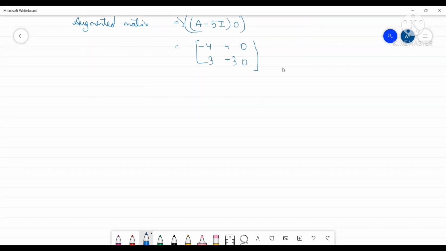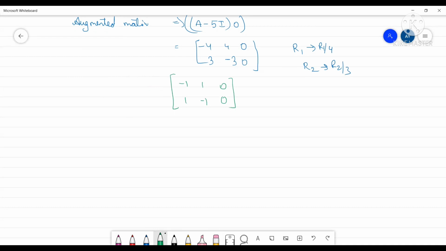First, just make it easier, because I don't want this to be complicated. Divide R1 with 4, and R2 with 3. So what is the matrix that you'll get? [Minus 1, 1, 0; 1, minus 1, 0].